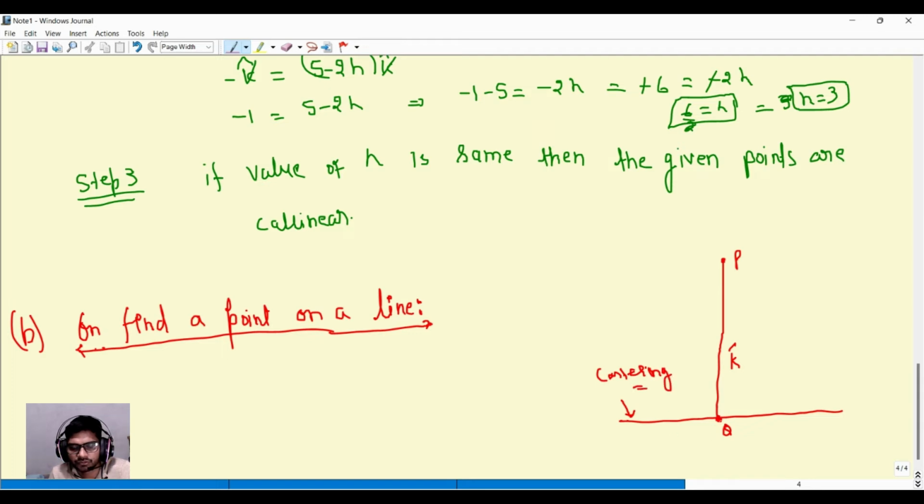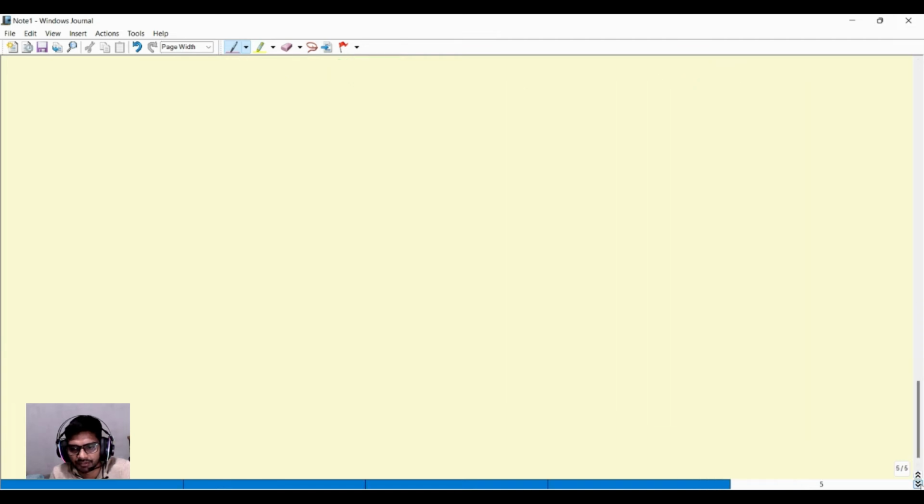We'll find the point in terms of x, y and z. Then we are going to use the distance formula between the points P and Q, and the distance is given. From that we are going to find the value of lambda, and after putting the value of lambda we are going to find the point. So how will we do that? We are going to discuss that with the help of an example.